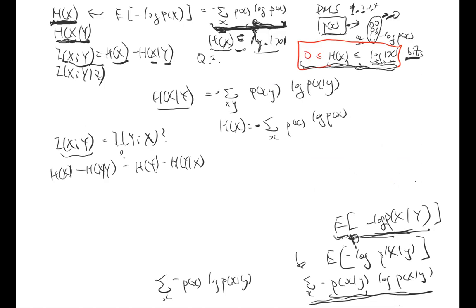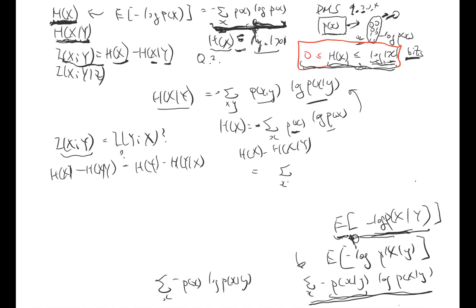So then H(X) minus H(X|Y) would be equal to this guy minus this guy, right? What I'm going to do here is write it in p(x,y) form. How do we do that? If I can write this thing as p(x,y) as well, then multiplied by this guy, I only have this thing here, right? Subtract these two guys.